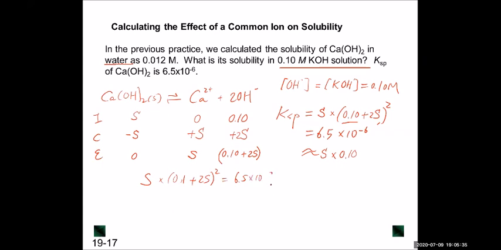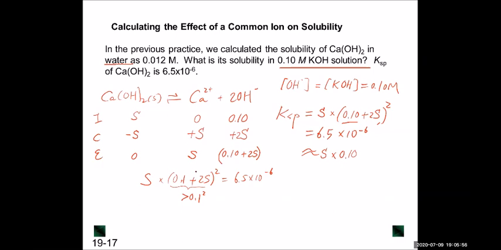Okay, so this portion will be larger than 0.1 squared. Agreed? Does everyone agree? Yes. That should be larger.